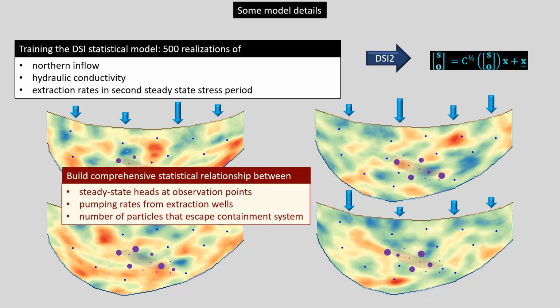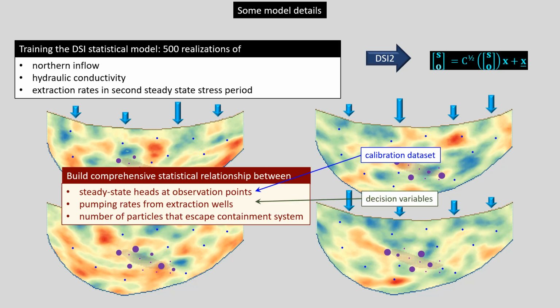So I built comprehensive statistical relationships between steady state heads at observation points, which are calculated during that first steady state stress period by the complex model. These are my calibration data set.